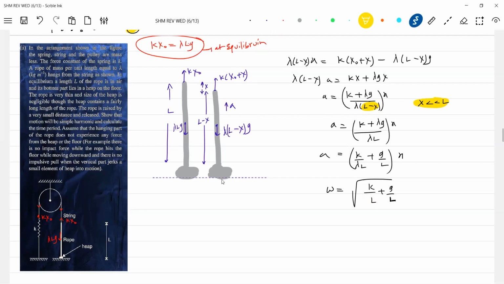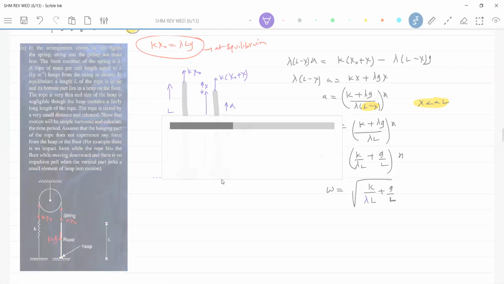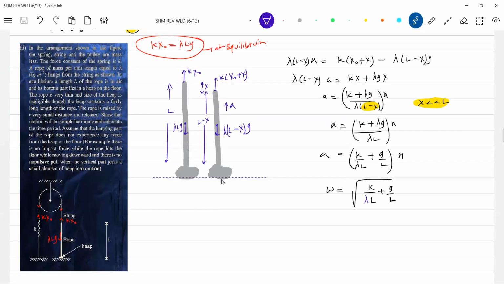It's a lambda. I'll scroll down. Who is executing SHM? The rope, not spring or string.